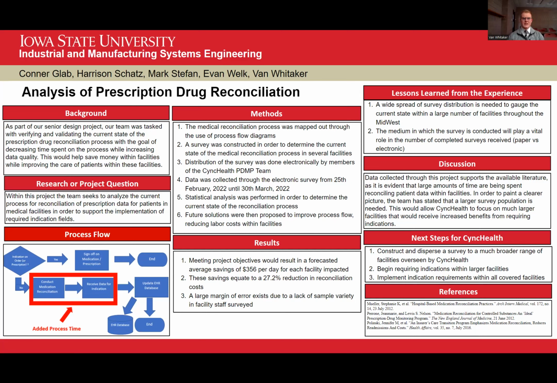This would help us see mostly the extremes for how many patients are coming into a facility, as well as how much time is being spent, since a larger facility will statistically require more time for their reconciliation process. It would also help to see the true savings, because a much larger facility would technically save far more with the requirement of indications.